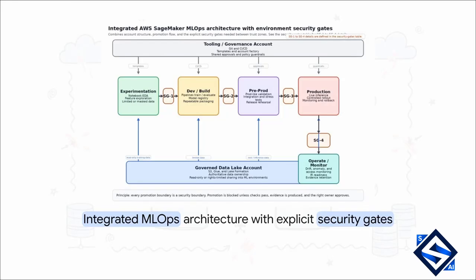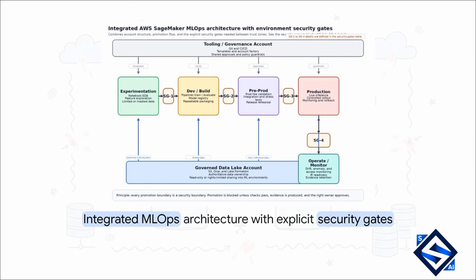What's really interesting here is how explicitly this maps out our entire building blueprint. We've got this integrated AWS SageMaker MLOps architecture. The governed data lake at the very bottom acts as our foundational layer. Then, right above it, we have our completely separate trust zones: experimentation, dev/build, pre-prod, and production. And sitting over all of that is the tooling and governance account.